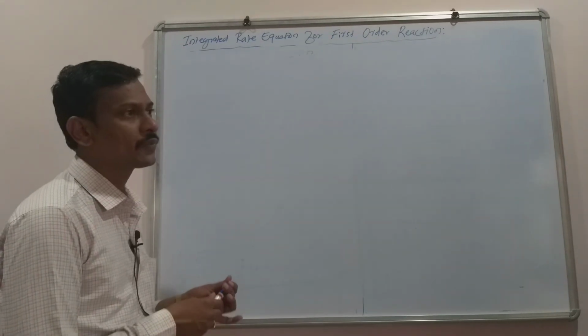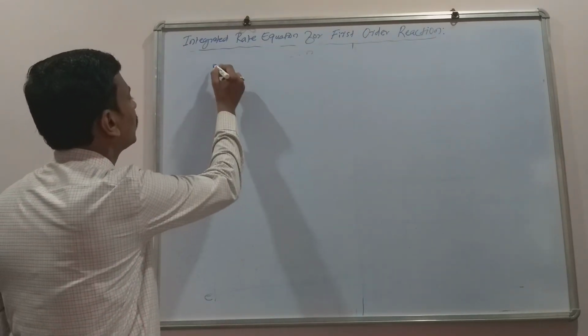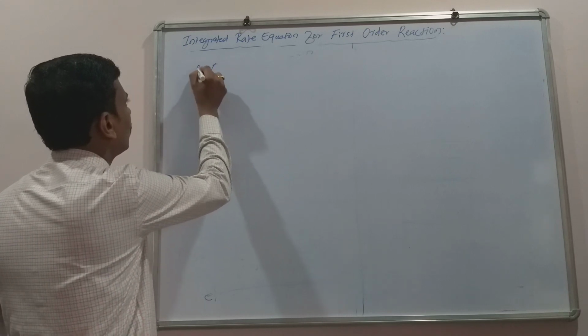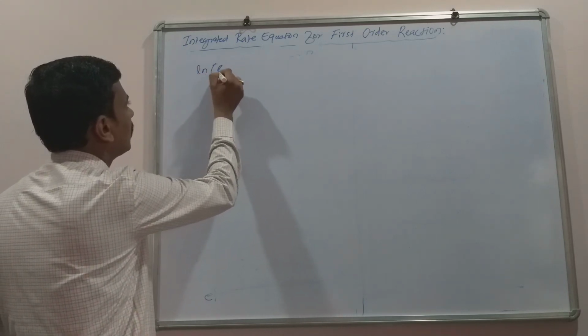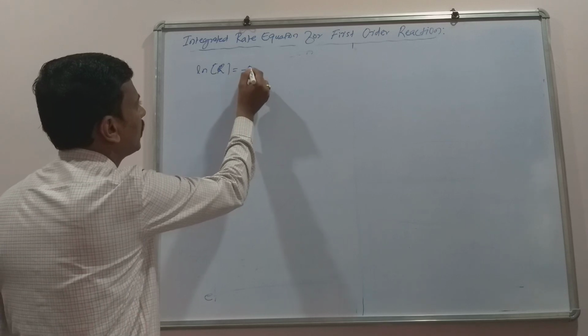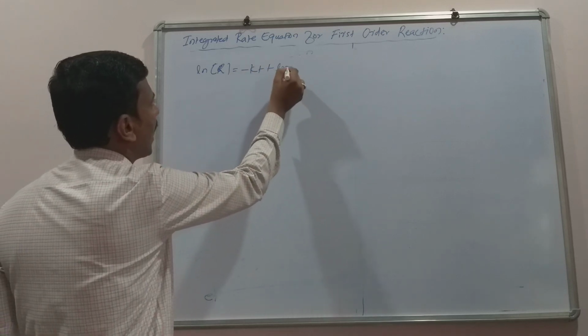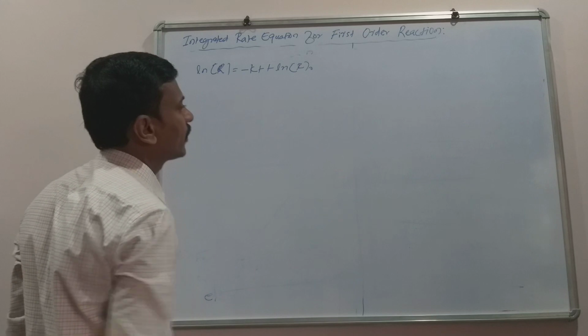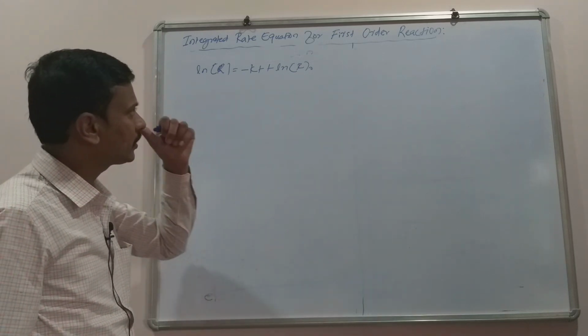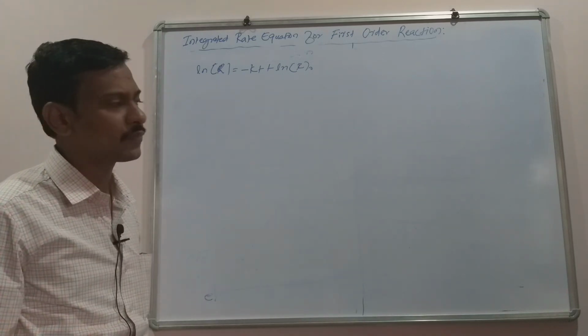Some other forms of the equation. As you know, we have the final equation ln r is equal to minus kt plus ln r naught. You can also write some other forms of this equation.